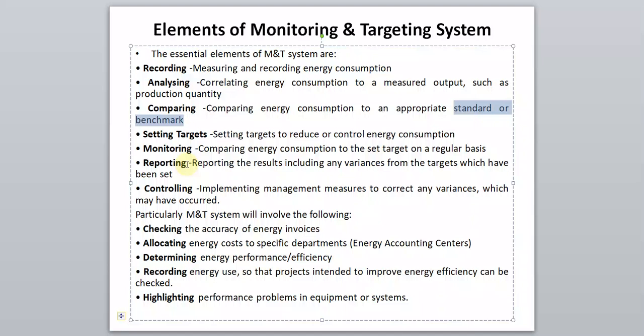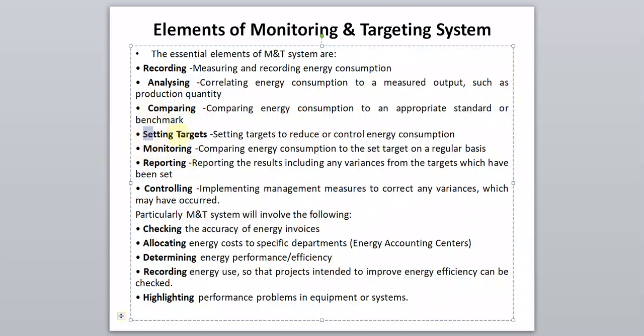That can be met by using the comparison technique. Otherwise, you have to set some targets. Suppose your consumption for a day is 1 kilowatt. You can set a target that the consumption be scaled down by 0.1%, 0.2%, 0.5%, 1%, 10%, etc. That can be done by comparing.